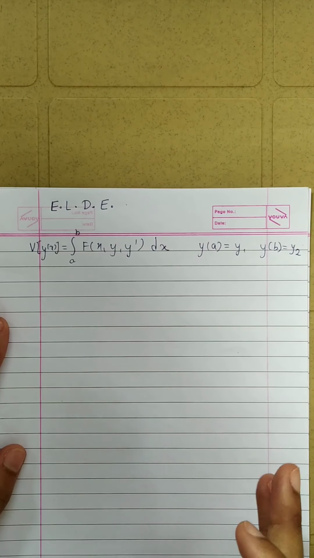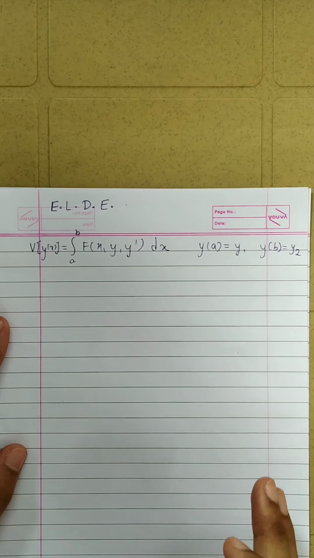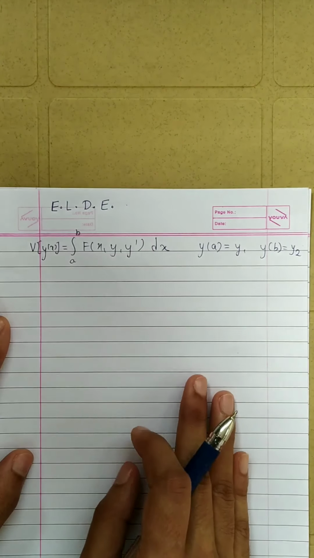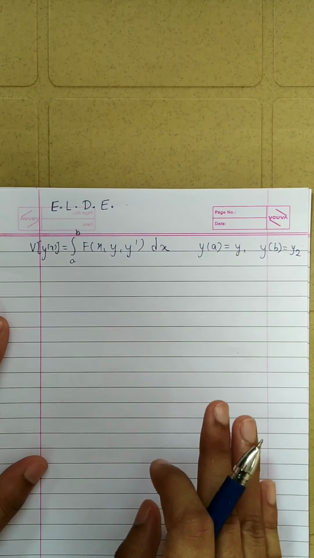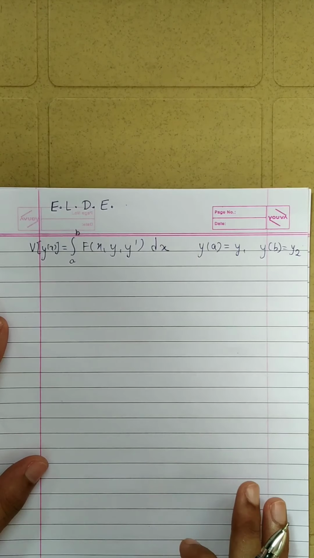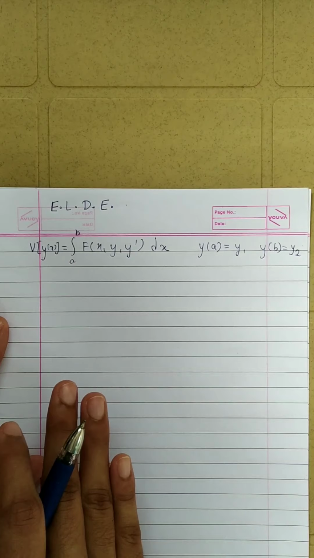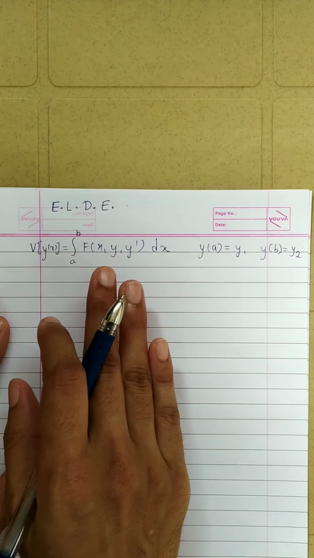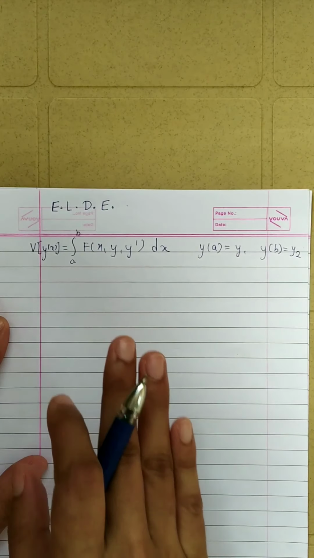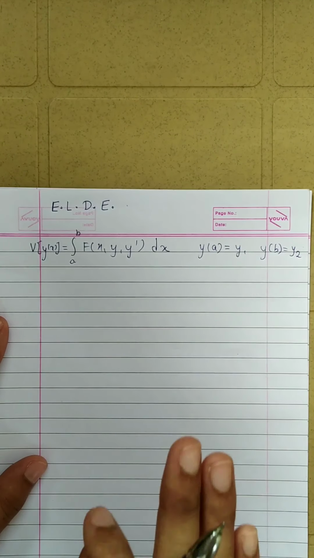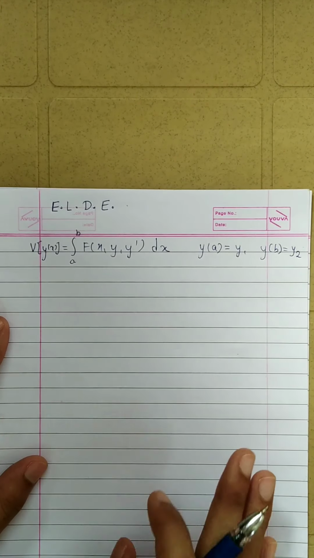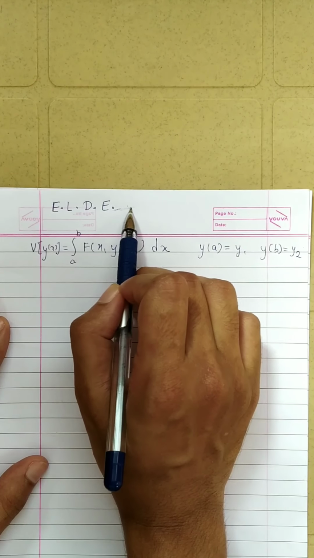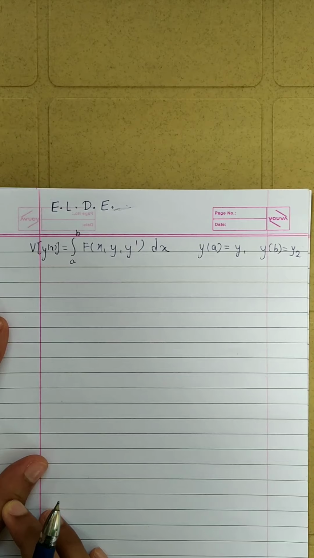We will also observe that for the Euler-Lagrange differential equation, the solution may not be unique, but if at all the extremal is attained by the functional, then it will be attained on one of the extremal curves. That means the curves which are the solution of this Euler-Lagrange differential equation.